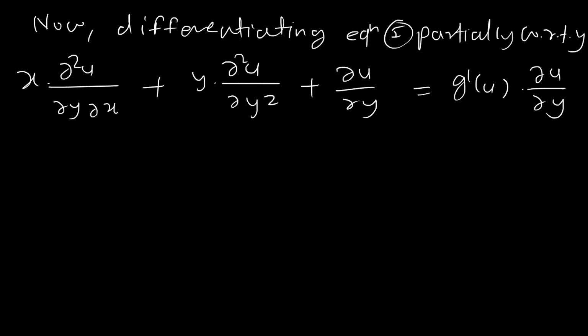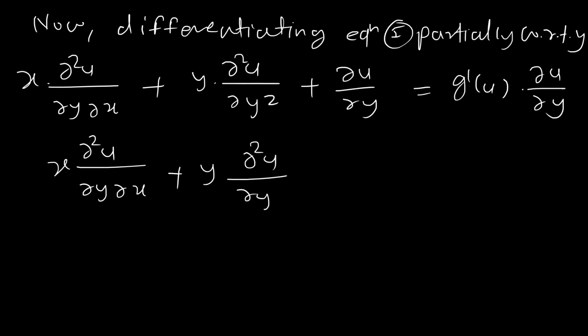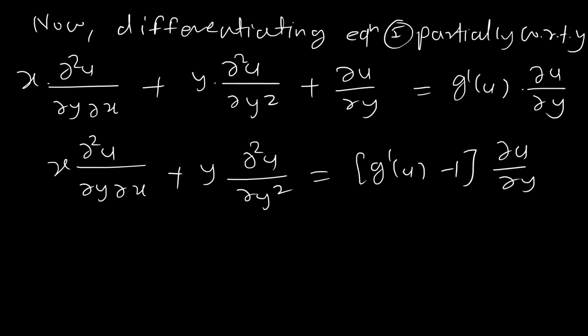Similarly, by shifting this term to the RHS, we get x dou 2u by dou y dou x plus y dou 2u by dou y square equals g dash of u minus 1 into dou u by dou y. Let us call this equation number 3.